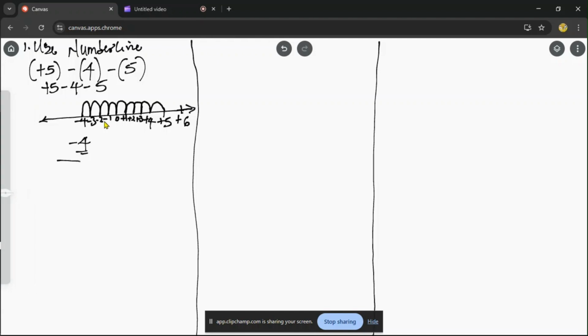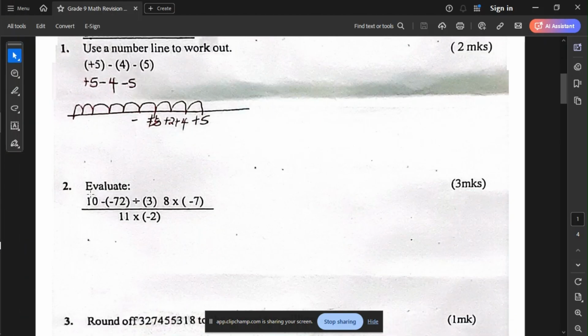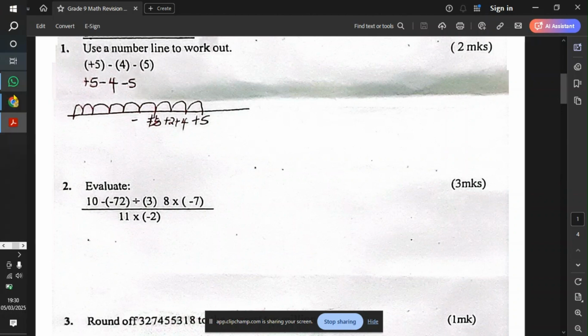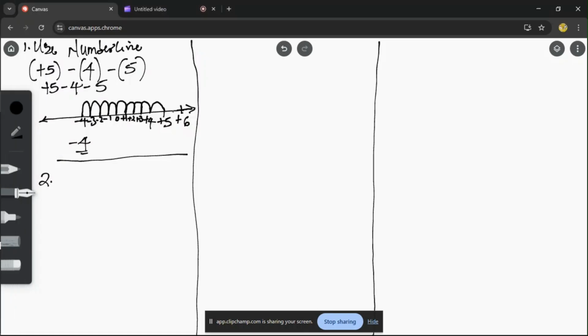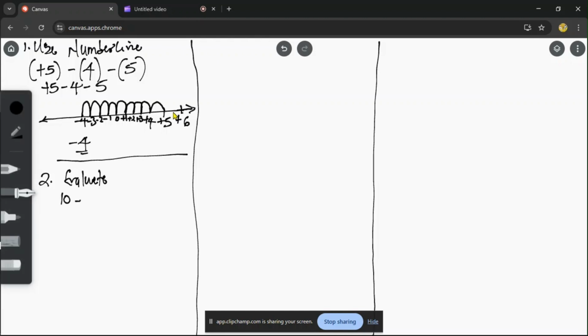Number 2, we have question number 2. It reads, evaluate whatever you've been given here, 3 marks. I come back to my working space. I want to evaluate 10 minus into bracket minus 72, then you are dividing by 3.